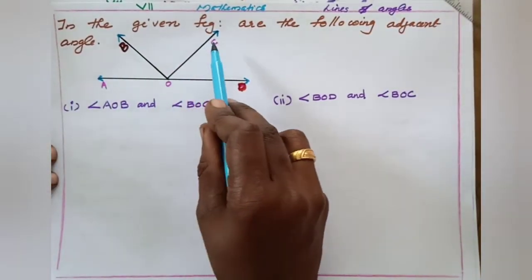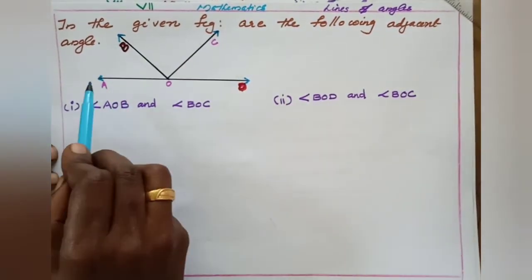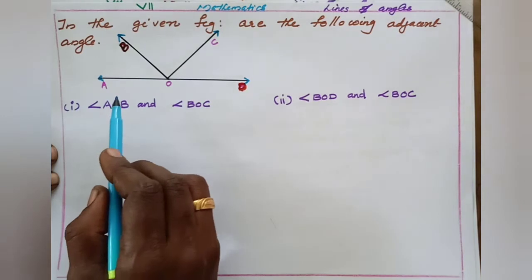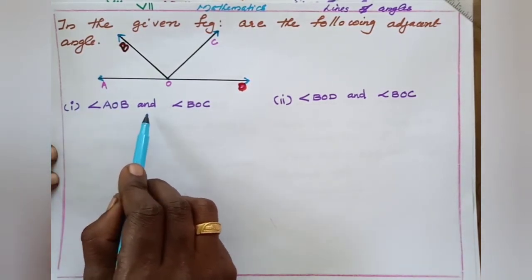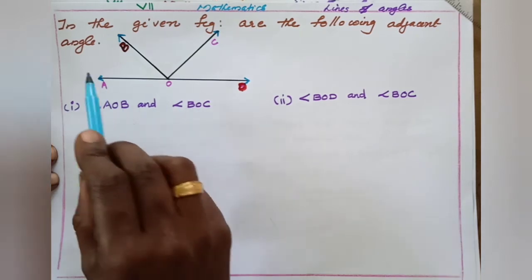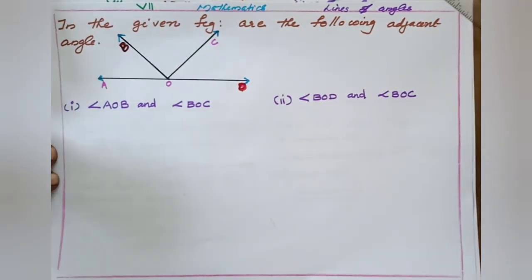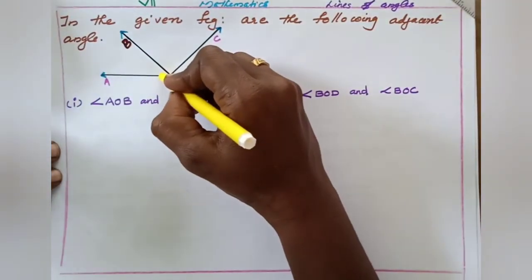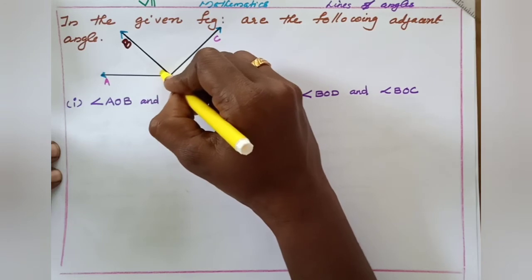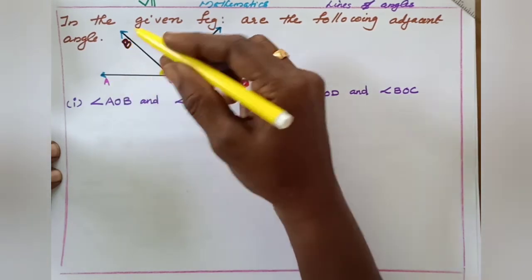In the given figure, are the following adjacent angles? This is the figure. Then first sub-question is: are angle AOB and angle BOC adjacent or not? So this is angle AOB.